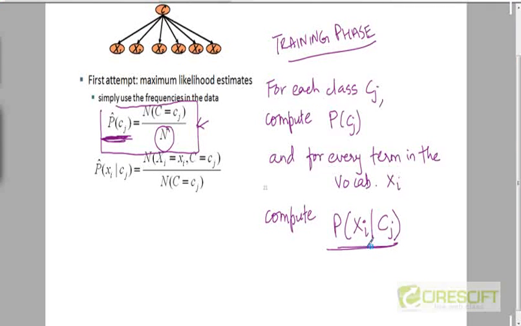Well, you look at the total number of documents that belong to class Cj, and you see how many of them have this particular vocabulary term x sub I appearing in it. So in the numerator you have all the documents belonging to the class Cj which also have the term x sub I appearing in it, and in the denominator you have the total number of documents belonging to class Cj. Here you're just computing the fraction of documents in the class Cj which have this particular term.